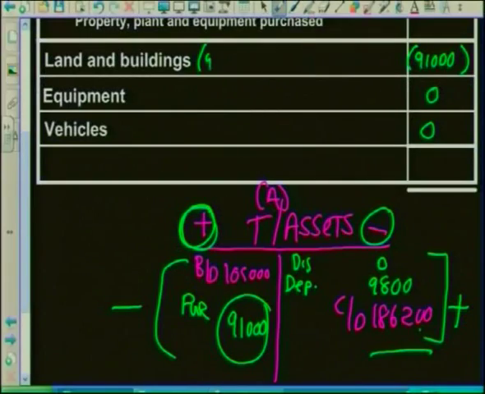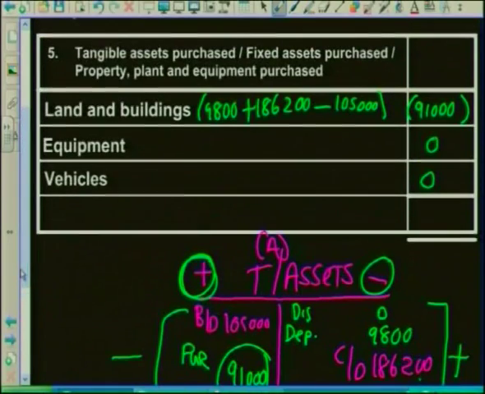So let's now show our calculations in brackets. So how did we get this 91,000? We use these two amounts, so 9,800. We then added 186,200, and we subtracted 105,000, and this is how we've got our 91,000.